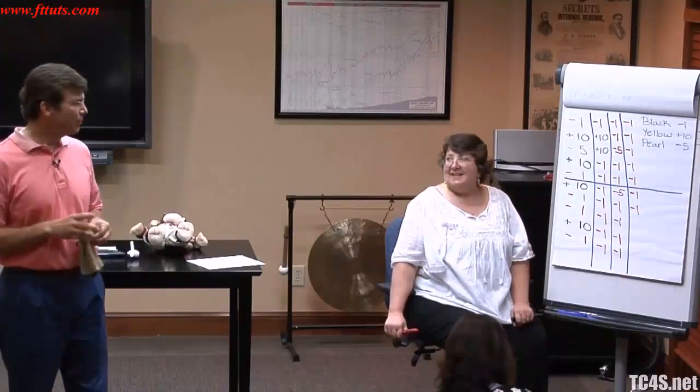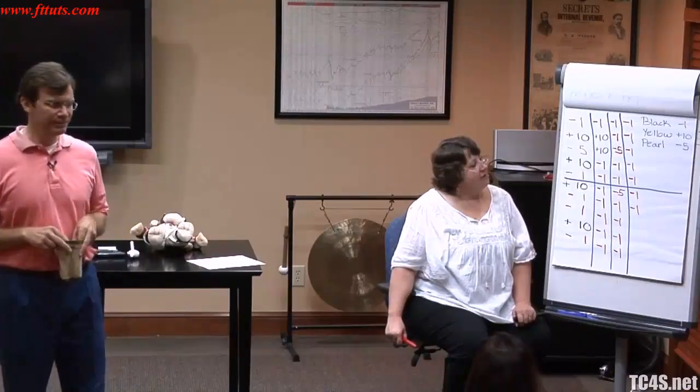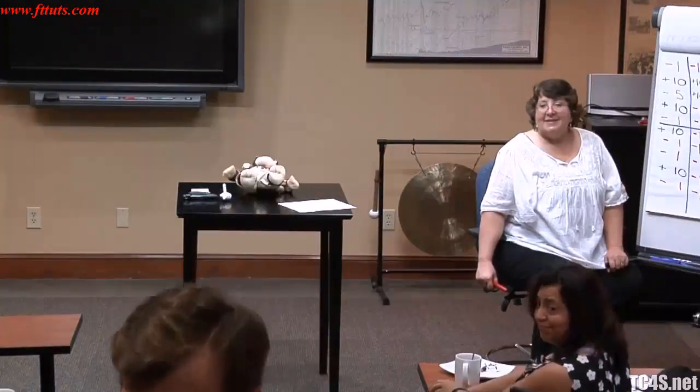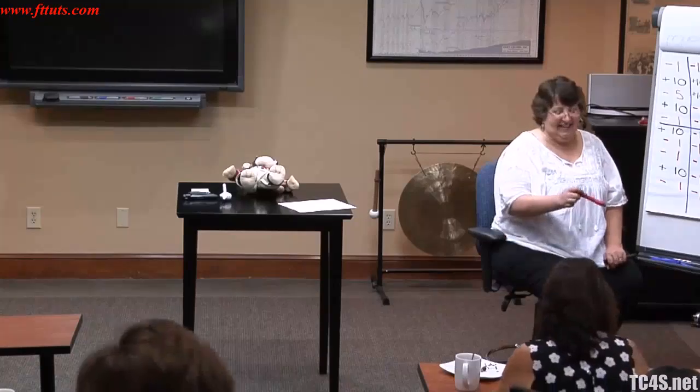All right, three to go, right? 38, 39, 40. Everybody want Jessie to pull one? Yes. She could be the game changer. Set up the camera first. Nope, black, -1.